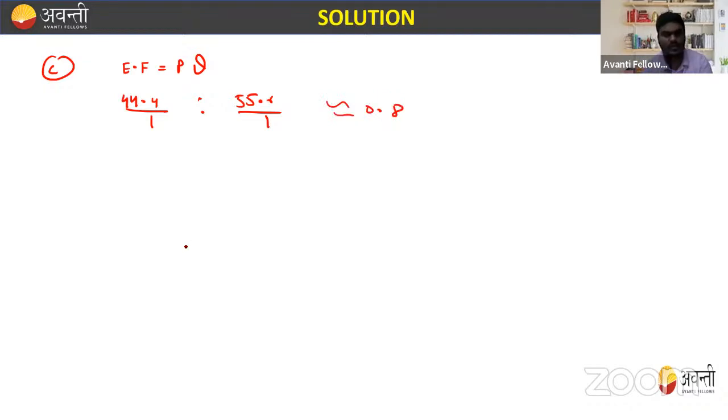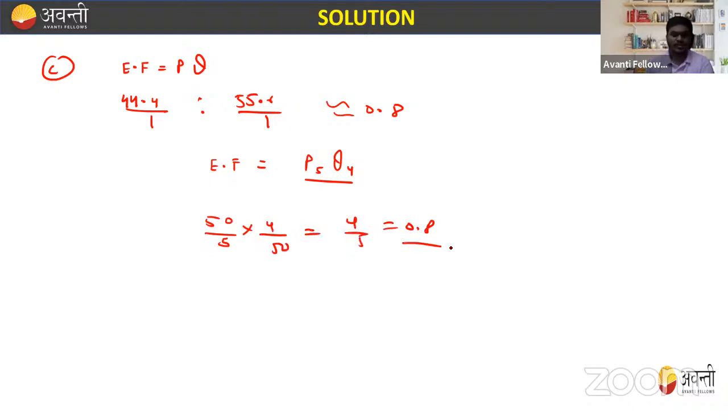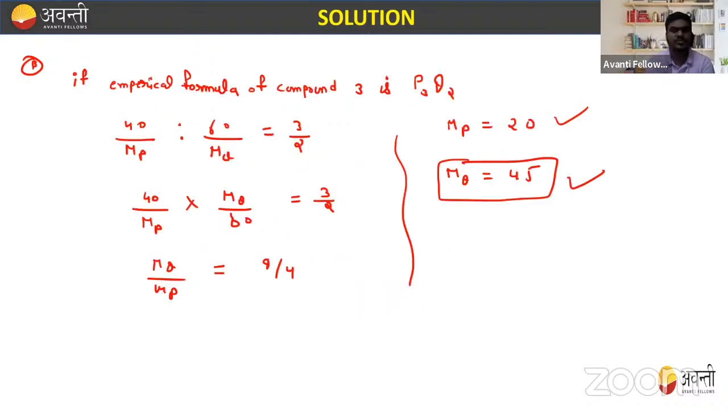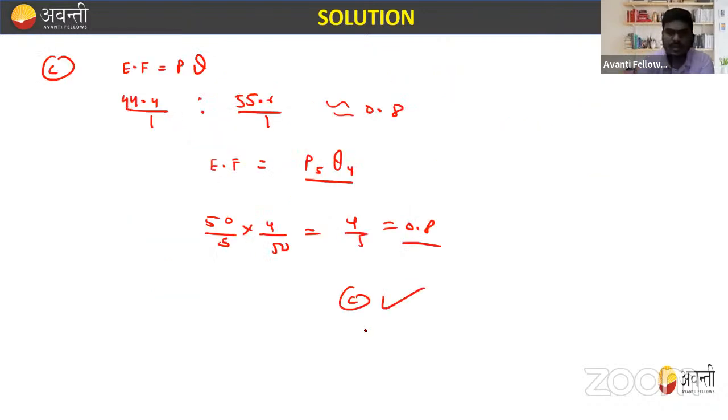The empirical formula of compound 1 is P5Q4, right? So the molar ratio becomes 4 by 5, which comes out to be 0.8. Since the molar ratio of compound 2 is equal to or less than this, hence option C is absolutely correct. So from these two, which options are correct, beta? The two options, option B and C, are absolutely correct. I hope this is clear to you.